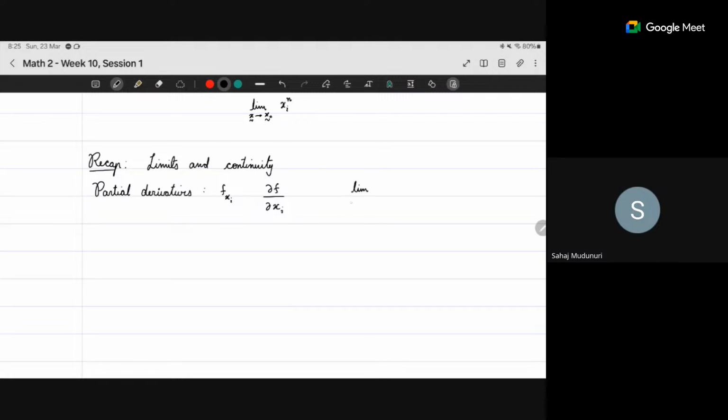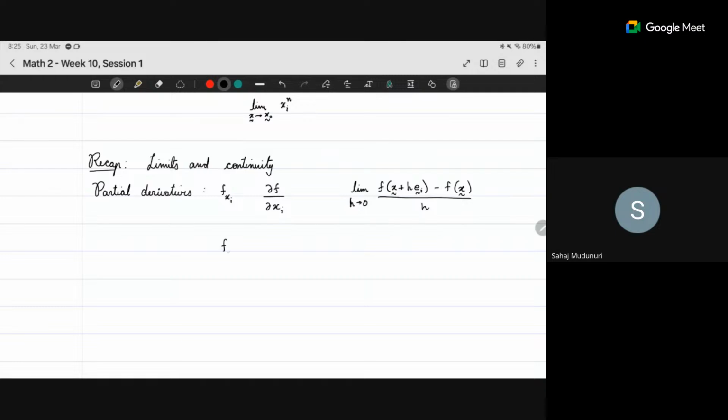The first principles definition is to take the limit as h goes to 0 of f(x̃ + h e_i), e_i being the standard basis vector, minus f(x̃), divided by h. And if this limit exists, then we say that the ith partial derivative exists.